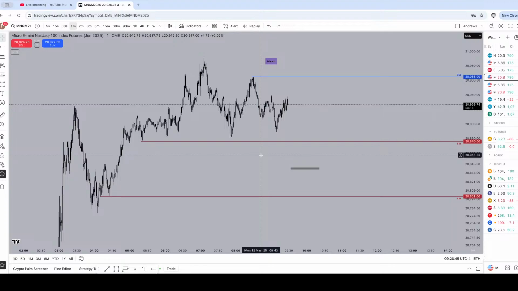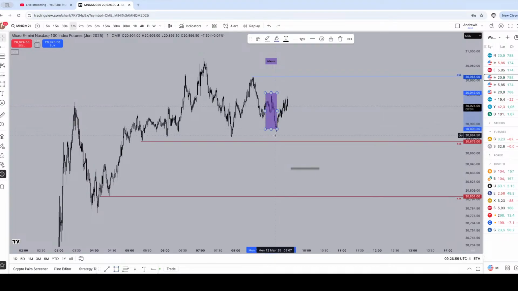Alright, so essentially we're going to study what this did in this range, in this little segment. We see we dug down. What do we dig into? This little sell side right here.